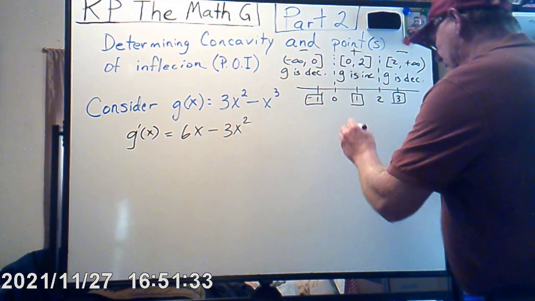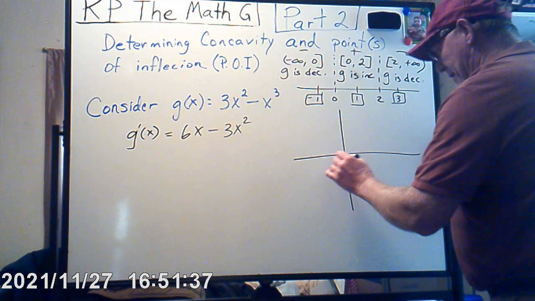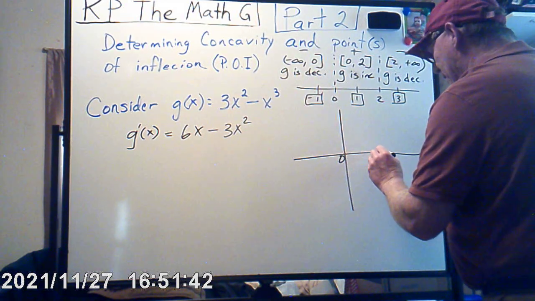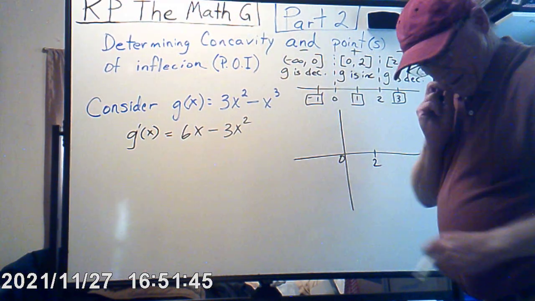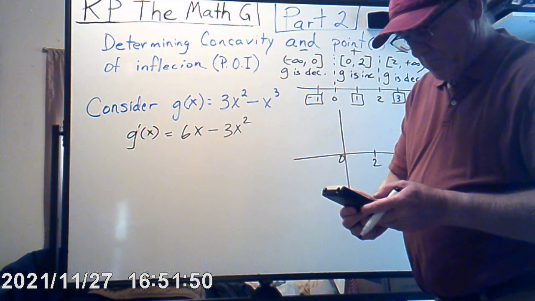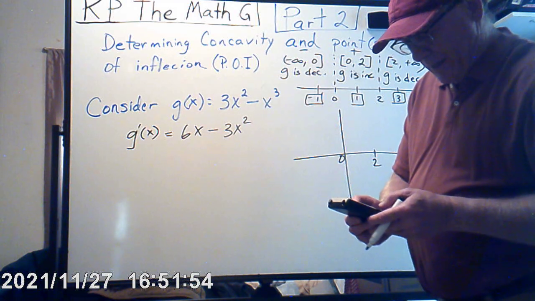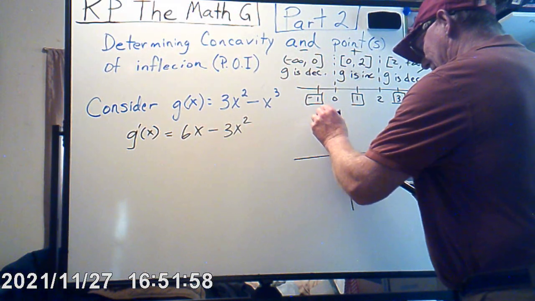Incidentally, if we were to just draw this graph, and I said I wasn't going to do this, but here's the illustration. We have 0, and we have 2 right here. I already graphed it ahead of time, and I noticed that the graph is doing something like this.